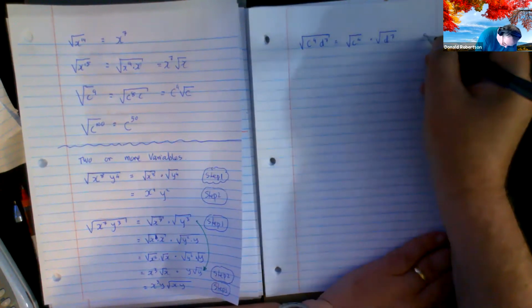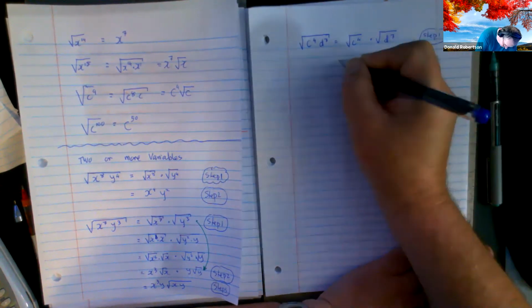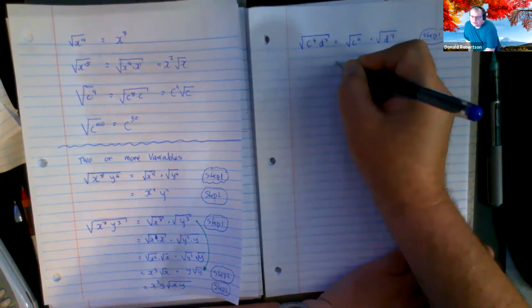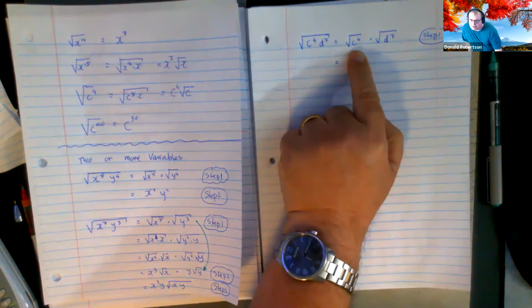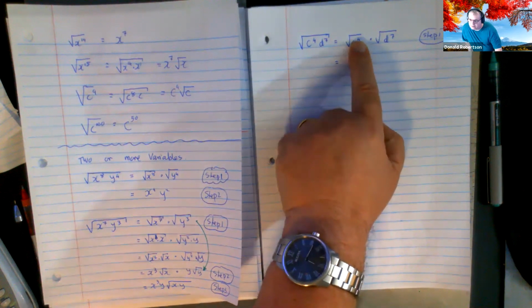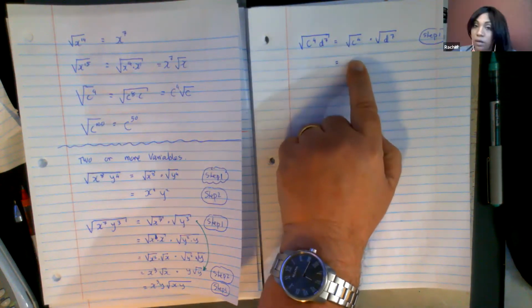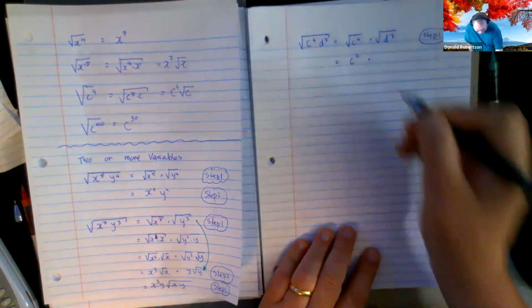That's my step 1. Okay, see if anybody can do this in their head. If you simplify the square root of c to the power of 4, what do you get? C squared. Great.